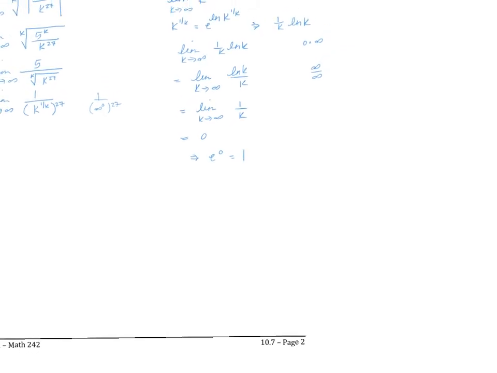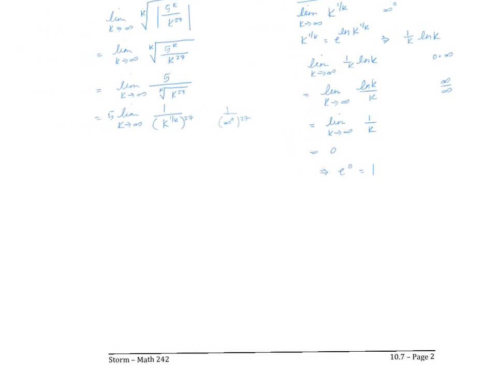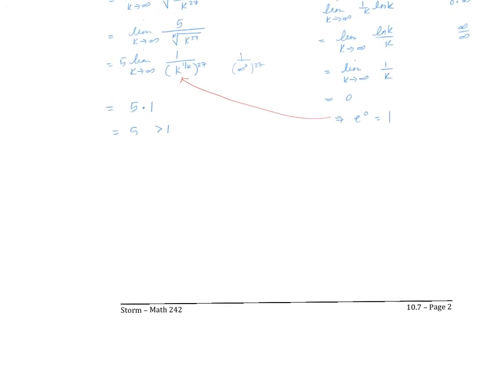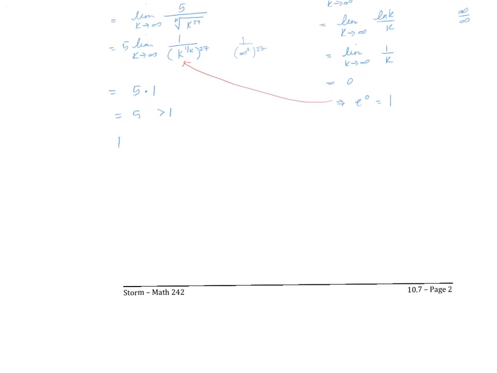That does not mean the test is inconclusive, because remember that this 1 is the limit of k to the 1 over k power. So this limit is 5 times 1 over 1 to the 27 is 1. It's 5, which is greater than 1. And we have diverges by root test.